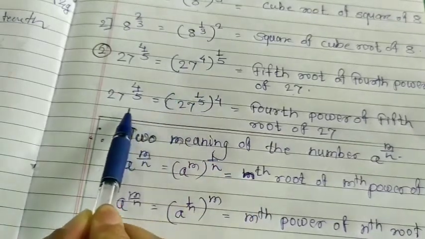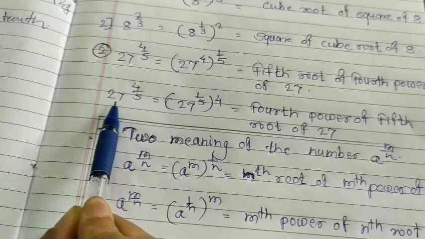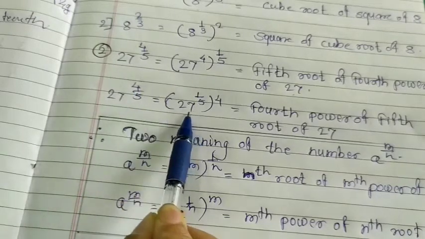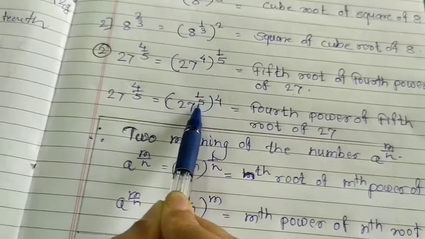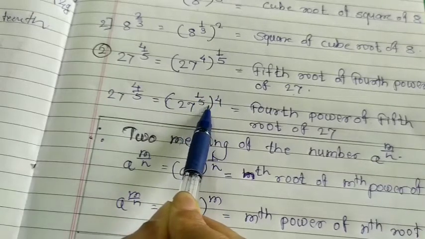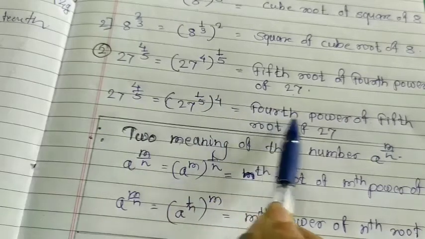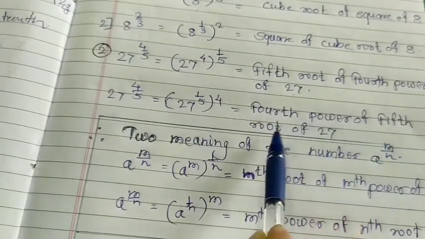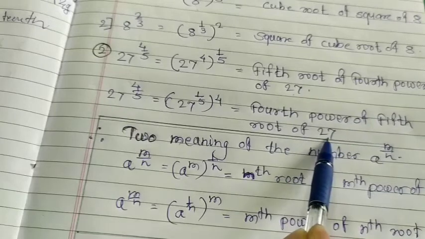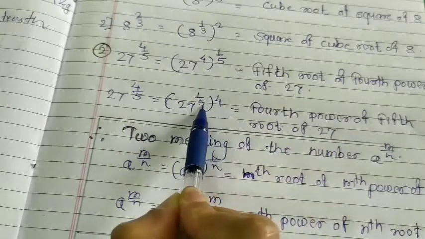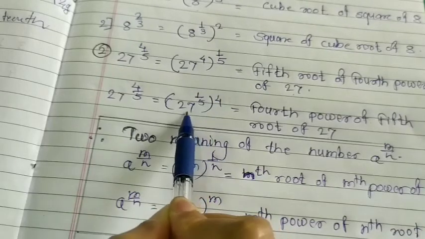By the second method, 27 raised to 1 upon 5, we take it in brackets raised to 4. That is the 4th power of the fifth root of 27.